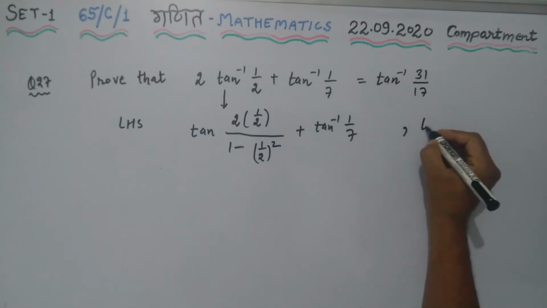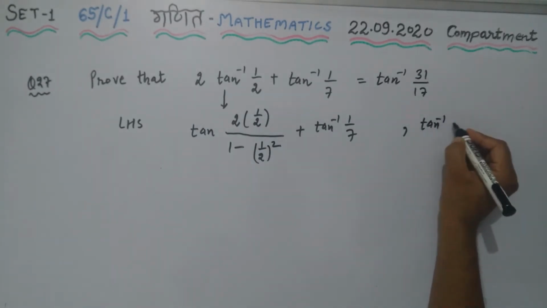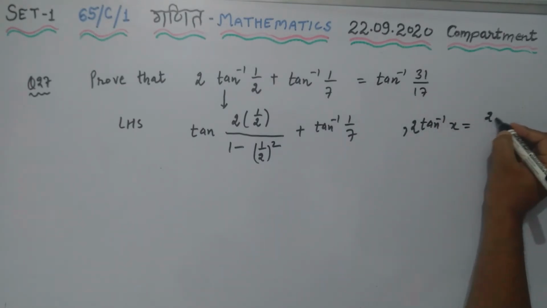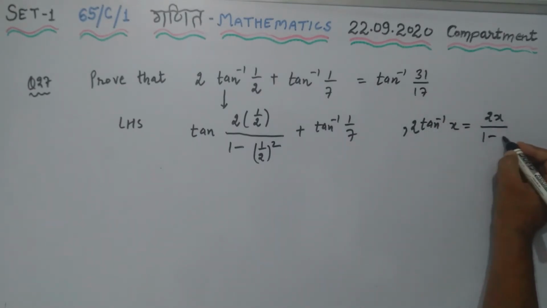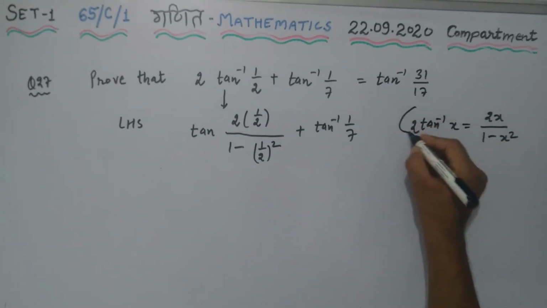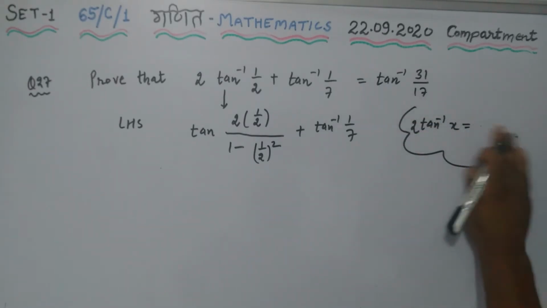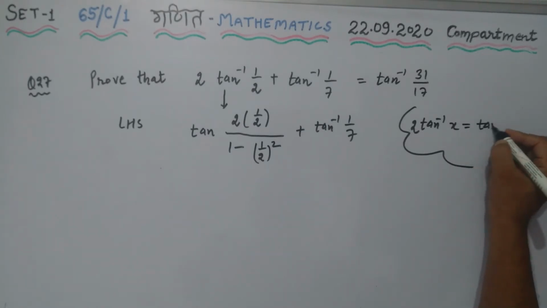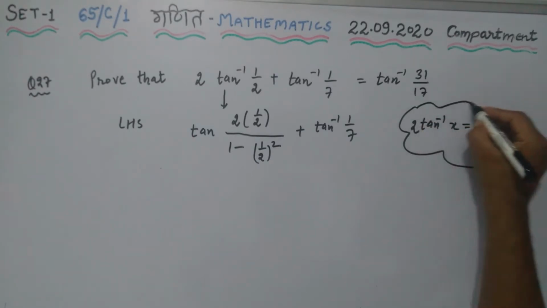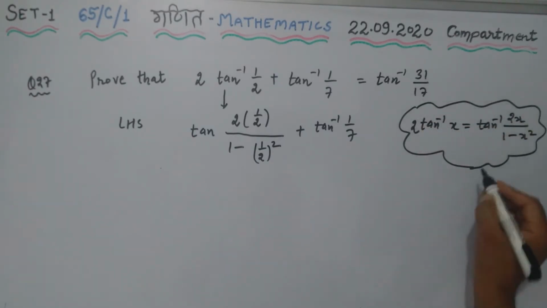Because 2 tan⁻¹x is equal to tan⁻¹ of 2x divided by 1 minus x square. This is the rule. See, so we followed this rule.